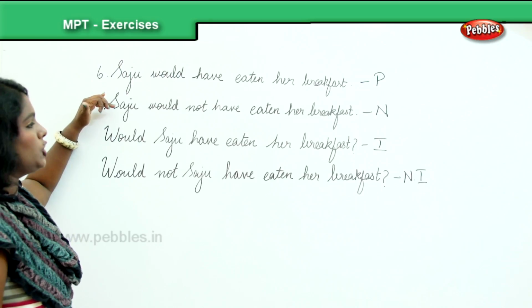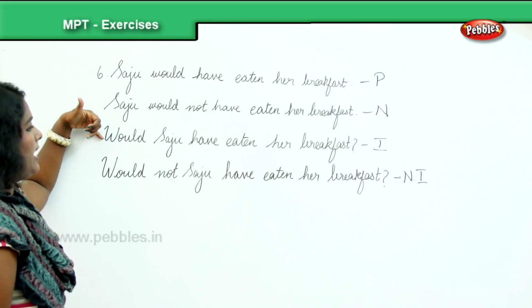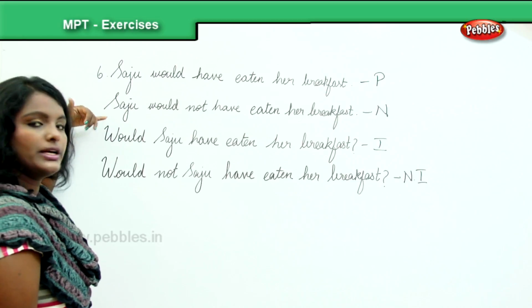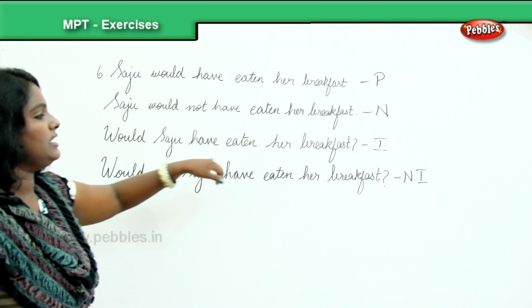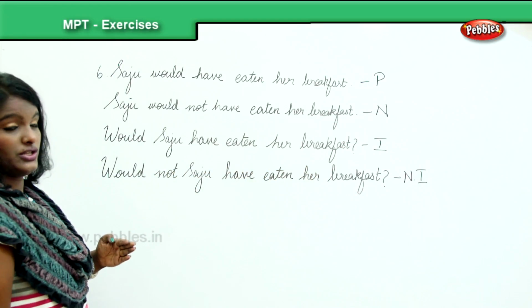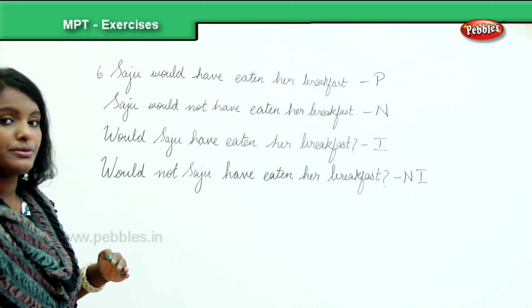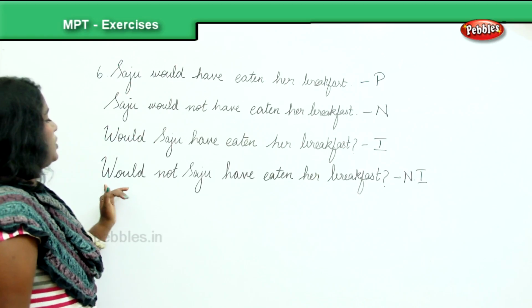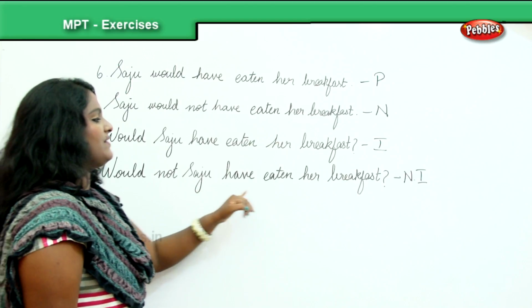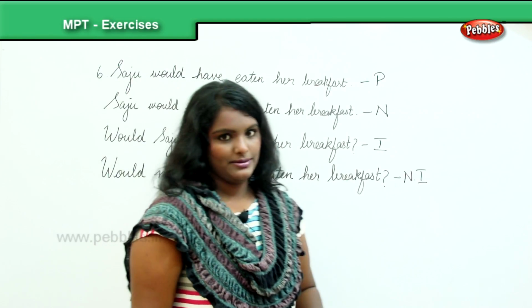We add a not to it. And when it becomes an interrogative sentence, we start with, would Saju have eaten her breakfast? You can always refer to the structure discussed in the multipurpose tables. And the negative interrogative form, would not Saju have eaten her breakfast?